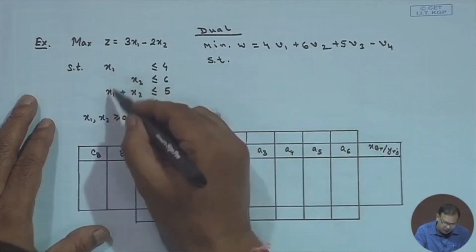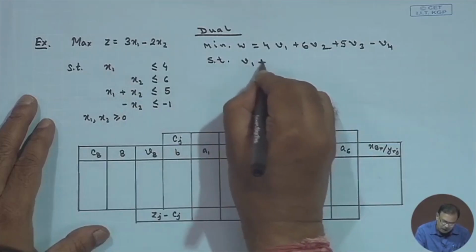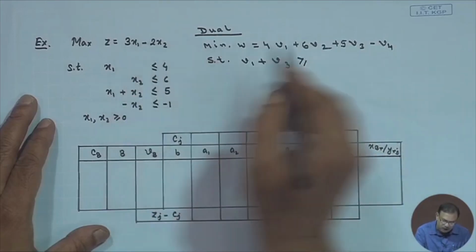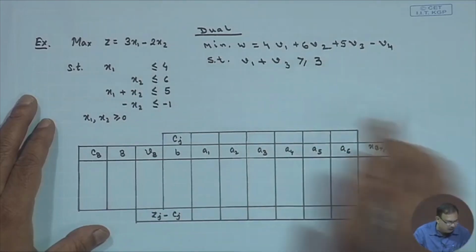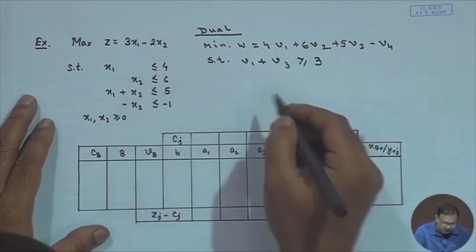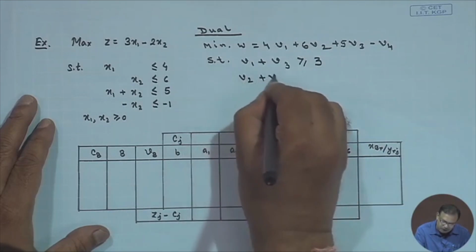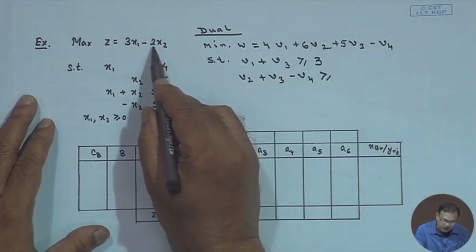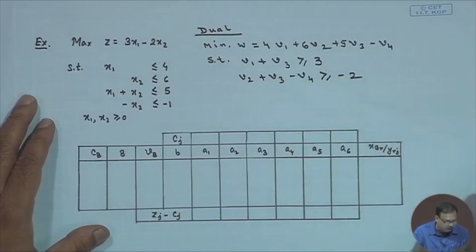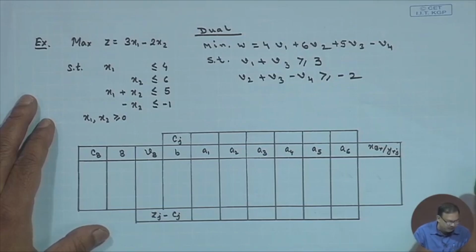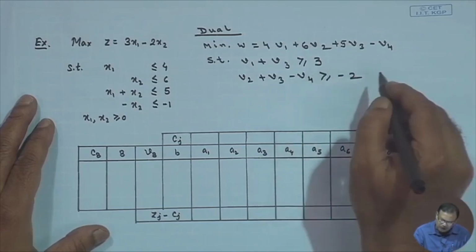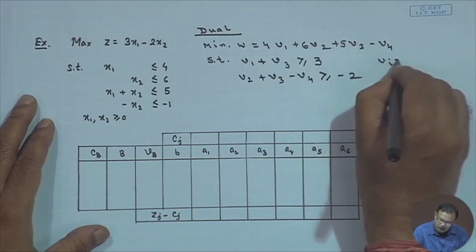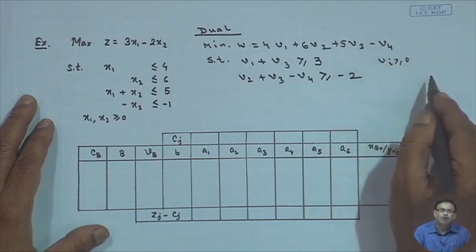v 1 plus v 3 greater than equals the coefficient of x 1 in the objective function, that is 3, then v 2 plus v 3 minus v 4 greater than equals the coefficient of x 2 in the objective function, that is minus 2, and obviously v i greater than equals 0 for i equals 1 to 4.